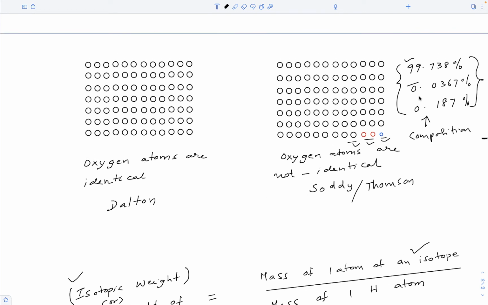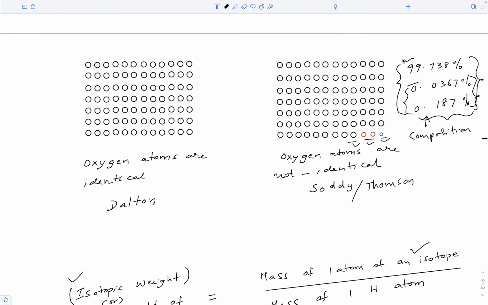Though oxygen has 3 isotopes, the abundances of these 2 isotopes are very low, and those early mass spectrometers were not powerful enough to detect these isotopes because their abundances are very low.